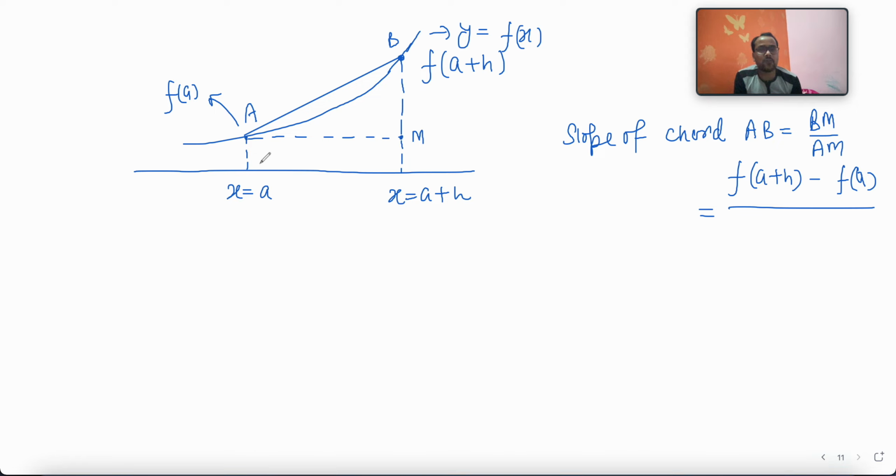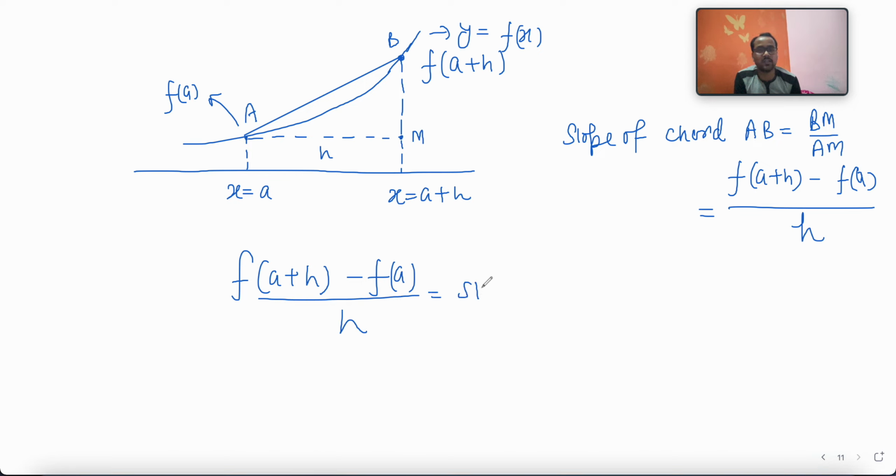So the gap between them will be h. You can understand, a to a plus h, which if we are moving, the gap is h. So if I write this, f of a plus h minus f of a upon h.